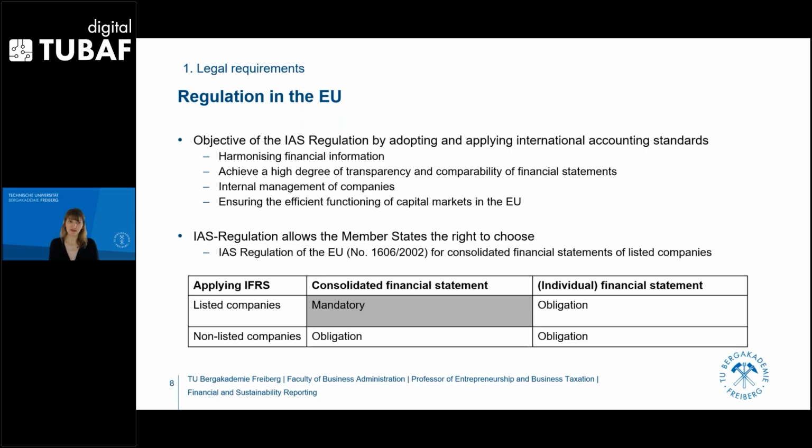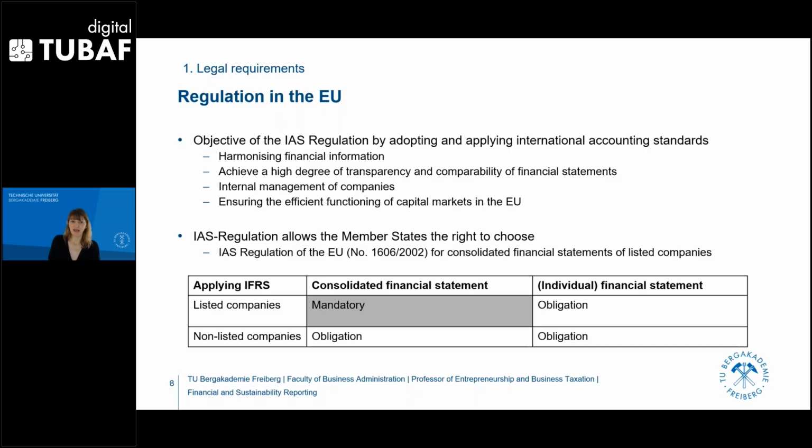They are used for the internal management of companies and also to ensure the efficient functioning of capital markets in the European Union, so that the legal requirements for listed companies are the same in all member states of the European Union.